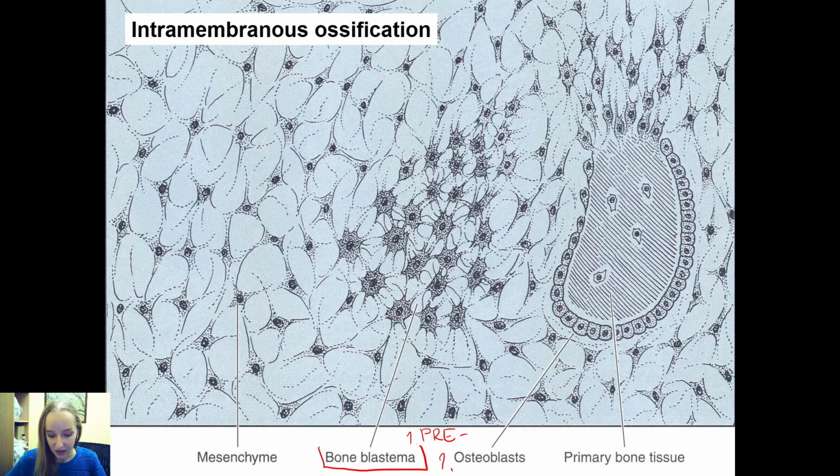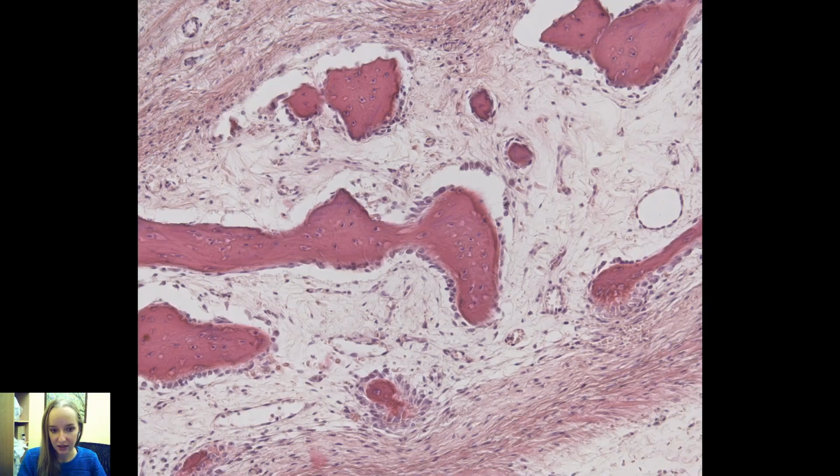We can see it in this picture. This is an intramembranous ossification. We have also a slide about this. When these little islets of the bones are formed, they are called spicules.